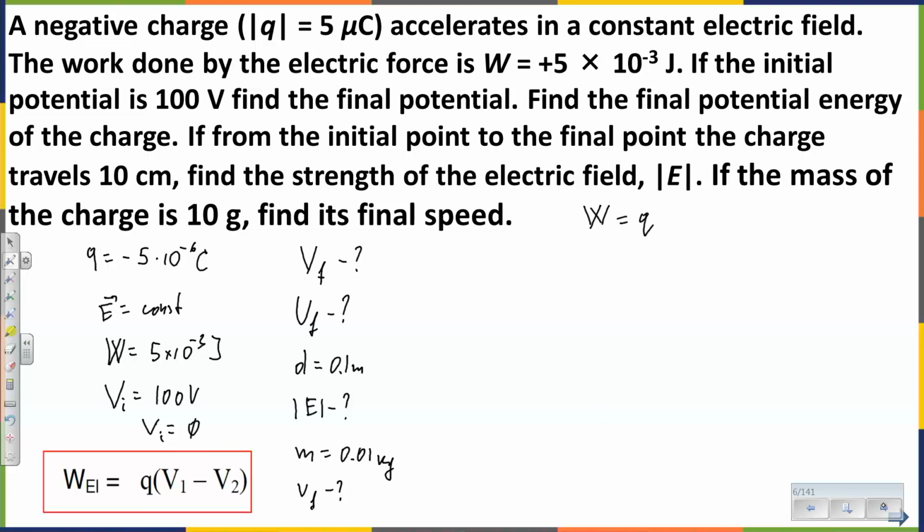It's a combination, actually, of two definitions. It's a combination of a definition of what electric potential is and a definition of what electric potential energy is, initial, final.